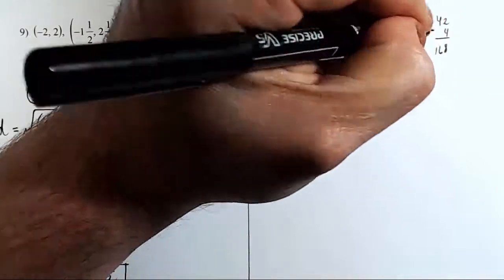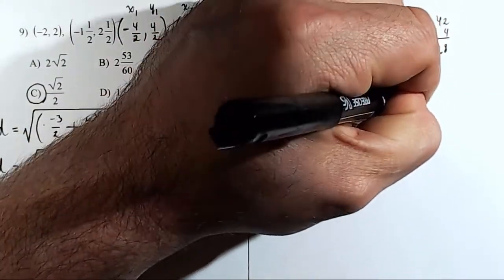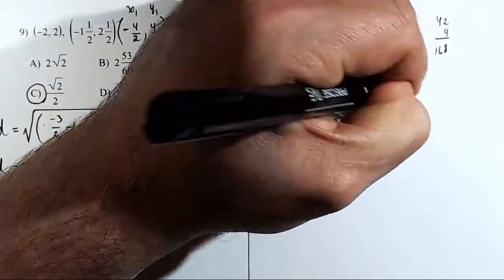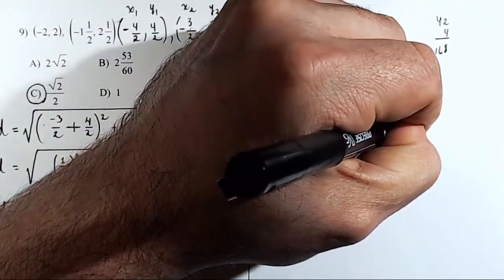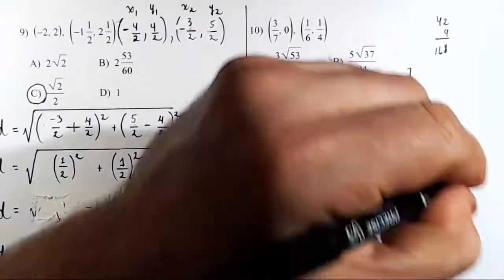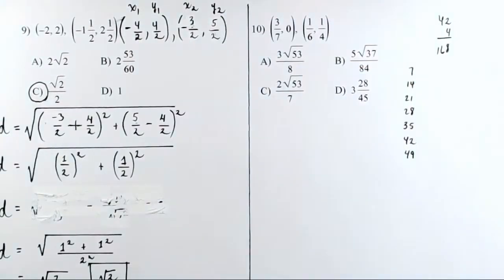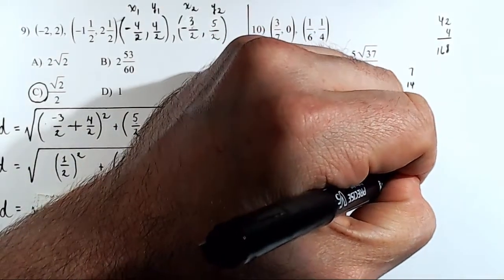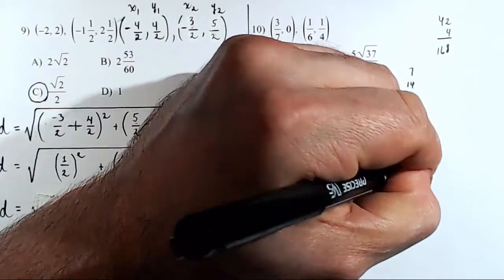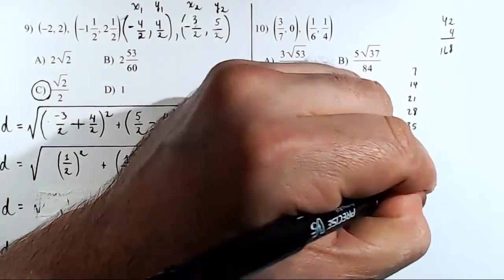Let's just list out the multiples of 7. That's 14, 21, 28, 35, 42, 49, 56, 63.